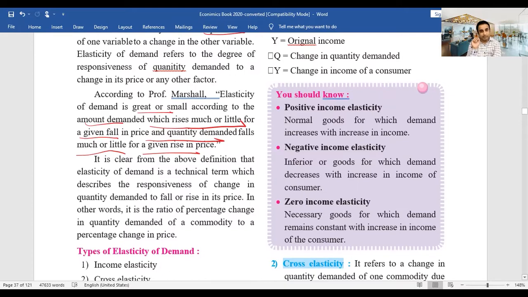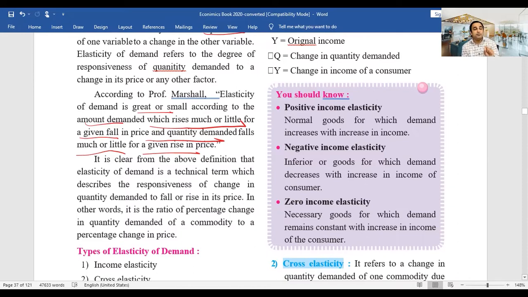Same goes for income. Change in demand due to change in income of a consumer. Proportionate change in quantity demanded with respect to proportionate change in income of consumer. Degree of responsiveness of quantity demanded with respect to degree of responsiveness of income of consumer. Percentage change in quantity demanded with respect to percentage change in income of consumer. Same goes for cross elasticity of demand.